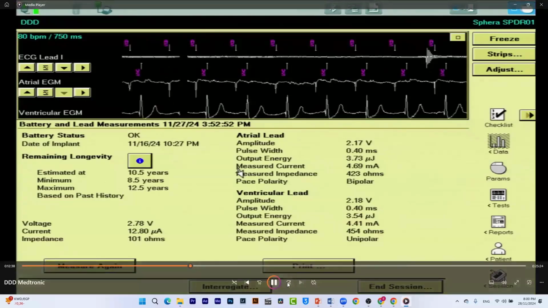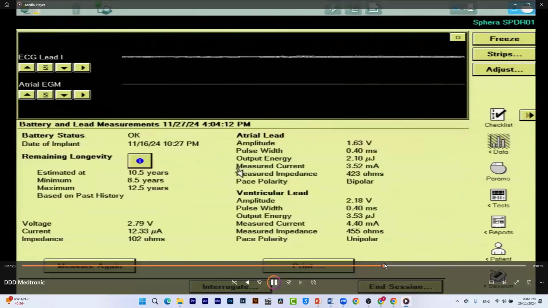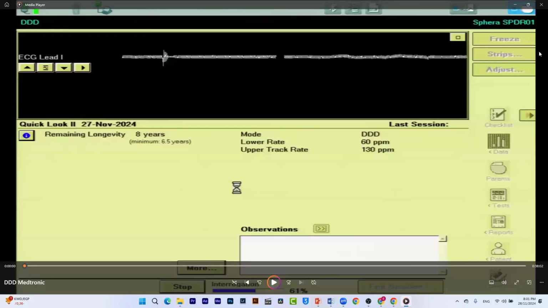I increased the AV delay also, with intrinsic features here. Finish. Okay, I think I am now at 1 hour.